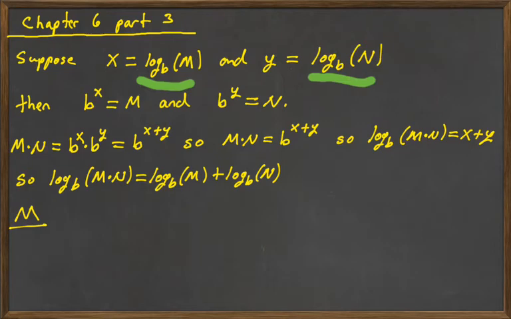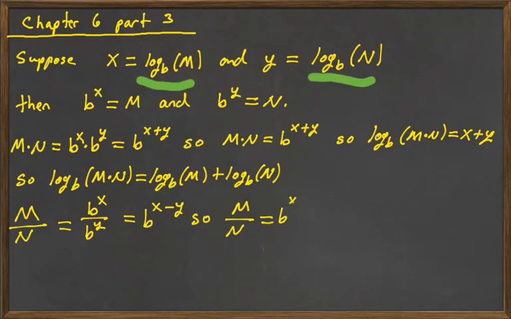Okay, so now we're going to go for the quotient rule. So we're going to take the quotient. So m divided by n is going to be b to the x divided by b to the y, which is b to the x minus y. So that's what we're going to do with the exponents. We're going to go ahead and subtract them. So we'll say that m divided by n is going to be equal to b to the x minus y.